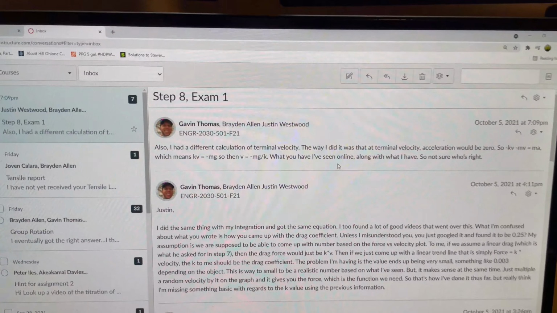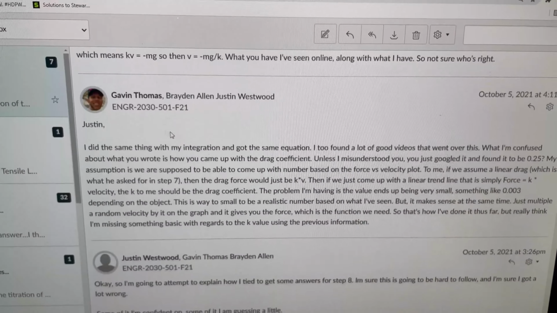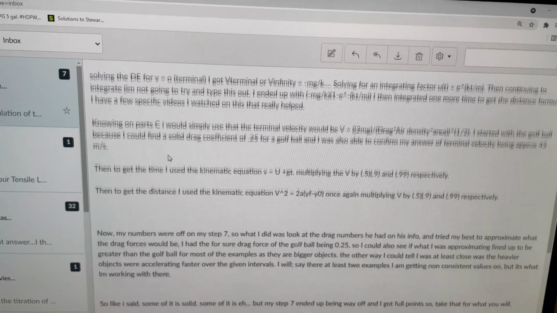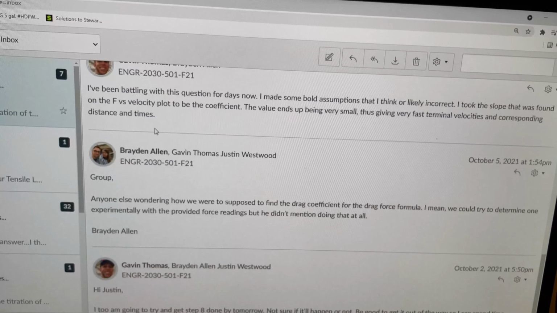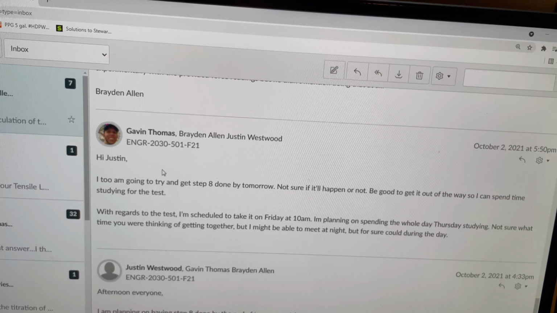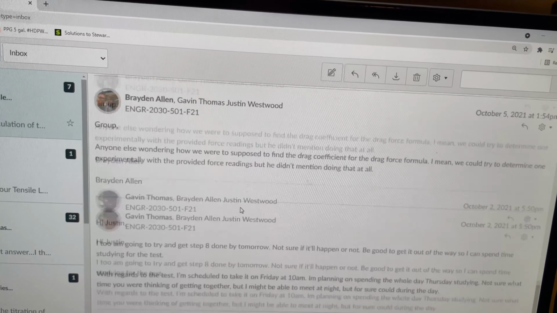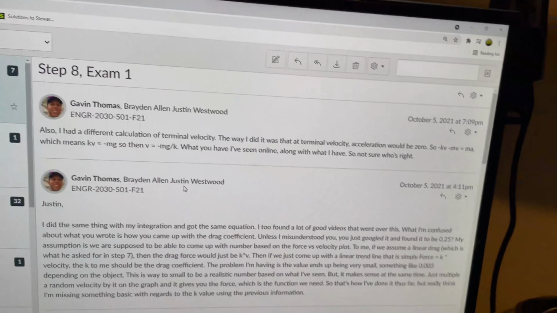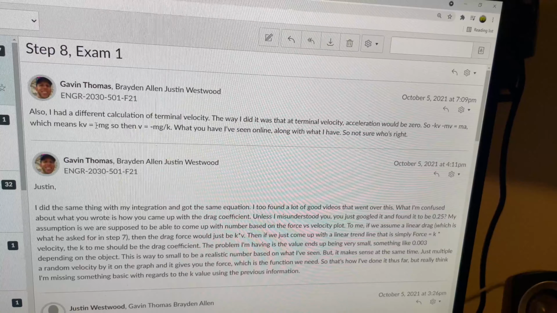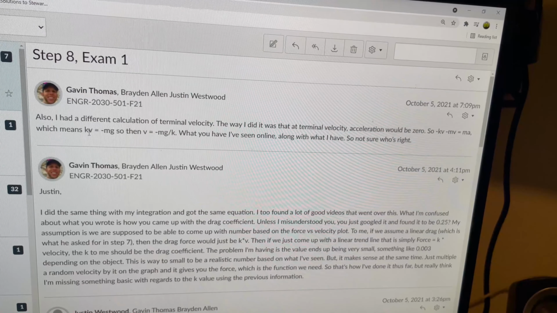I've been talking about this with Gavin and Justin. These are our discussions, and they did it a little bit differently. They did a linear coefficient of friction.